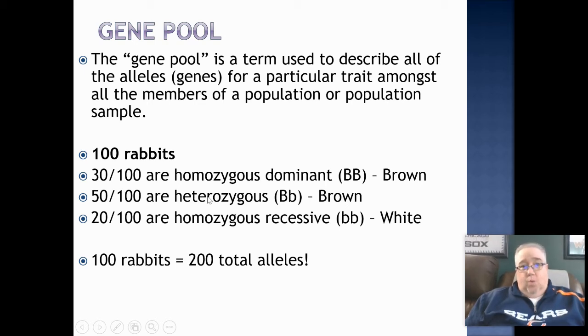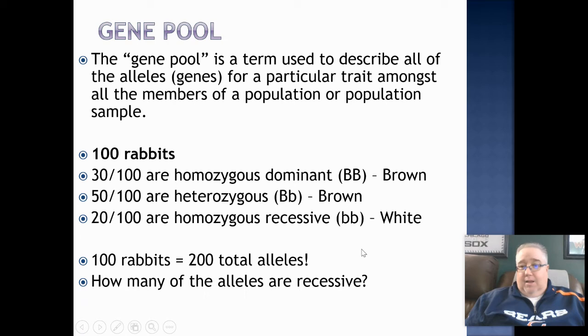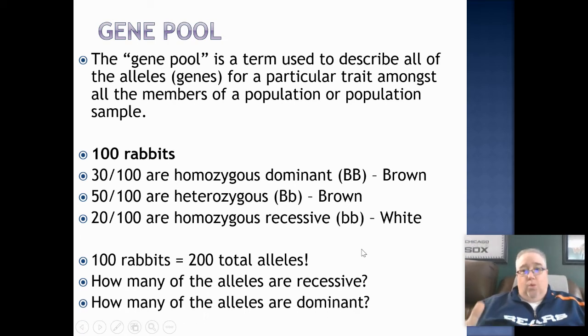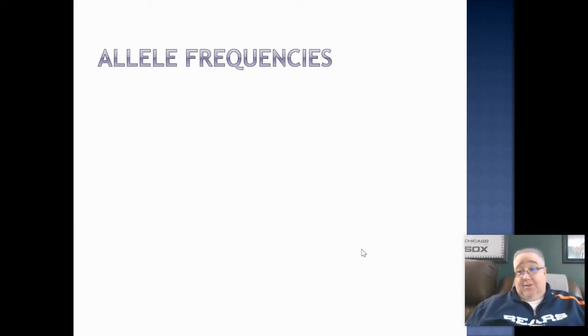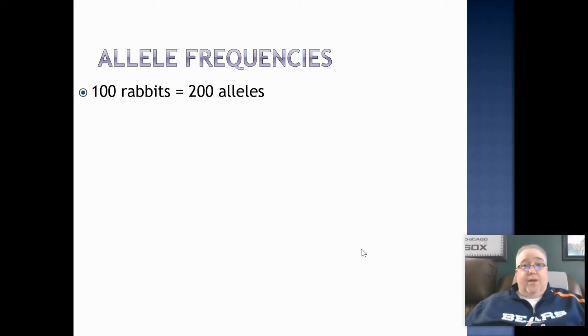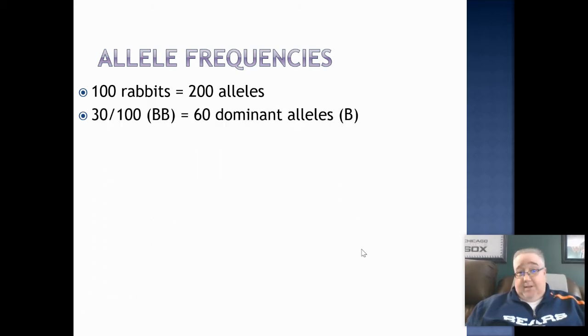But again, we've captured 100 rabbits. That means we have captured 200 alleles. What we need to figure out is how many of those alleles are recessive and how many are dominant. And if we know those things, we can figure out something called the allele frequencies.